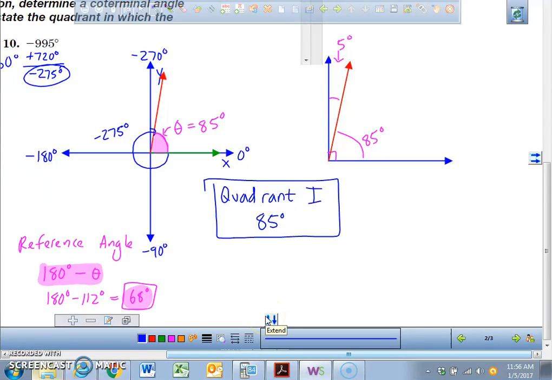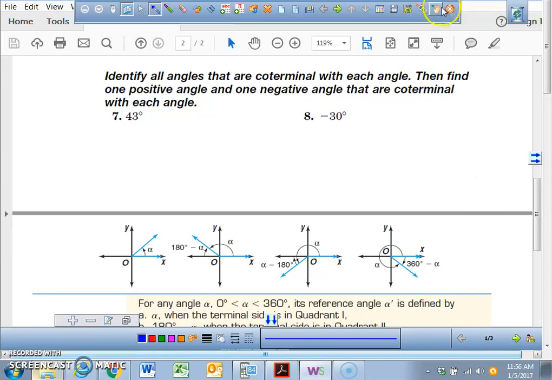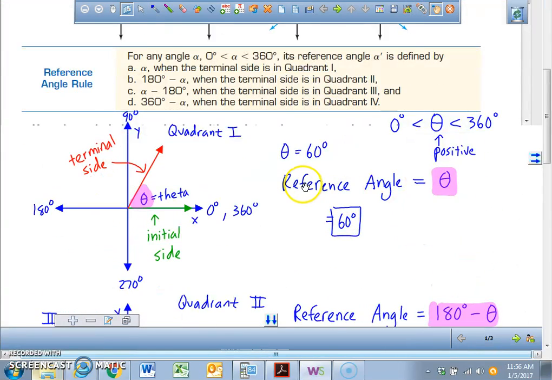What's the reference angle for this? 85 degrees, because we're in quadrant number 1. And when we're in quadrant 1, the reference angle is always whatever theta is.